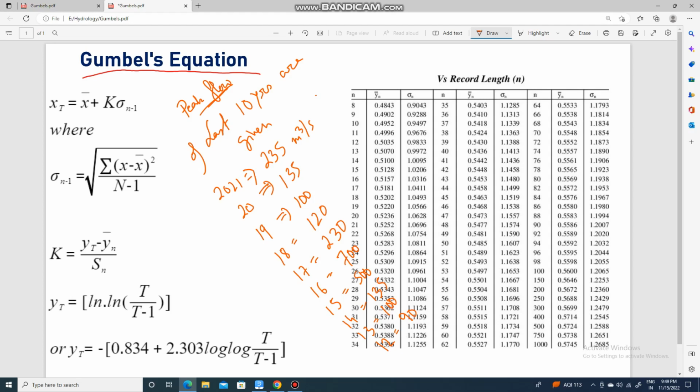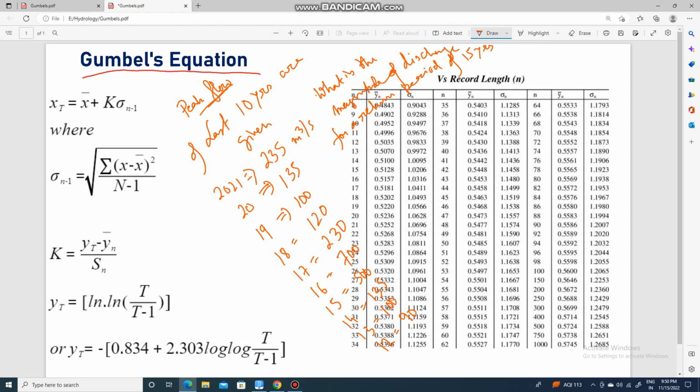Now the question is asked like this: what is the magnitude of discharge for a return period of, suppose, 15 years?